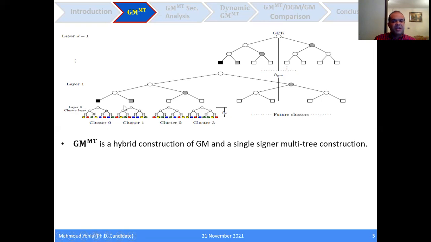This construction allows the cluster tree to be constructed adaptively as the signing leaves are used up. This allows the group manager to manage the leaf assignment for all group members in a clustered manner.